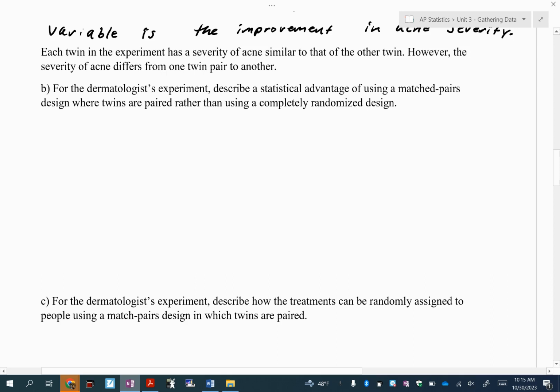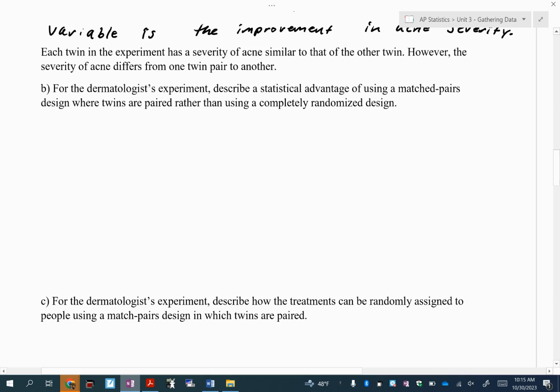So what I would say here is the main statistical advantage is that when we compare the improvement in the acne severity, if we're only comparing one pair of twins at a time to each other, then we can say with more confidence that the improvement or lack thereof would be due to the fact that they're taking this new drug, right?